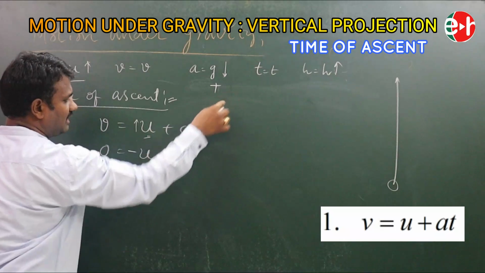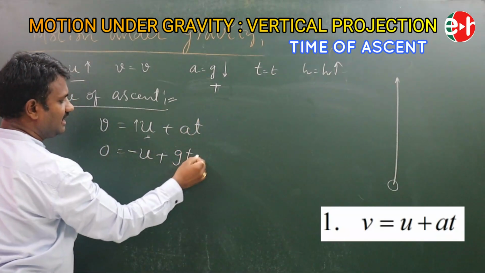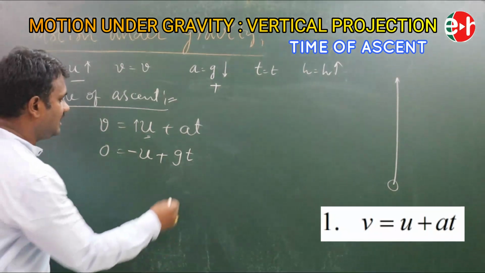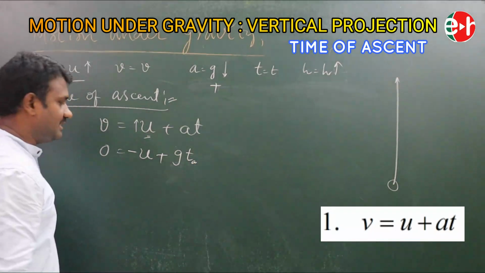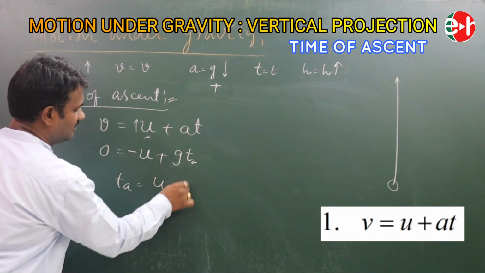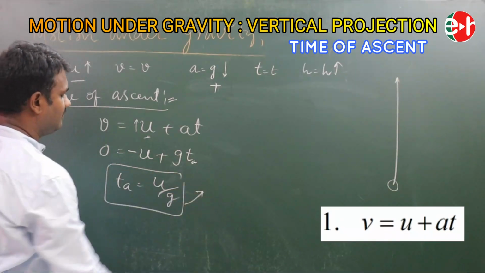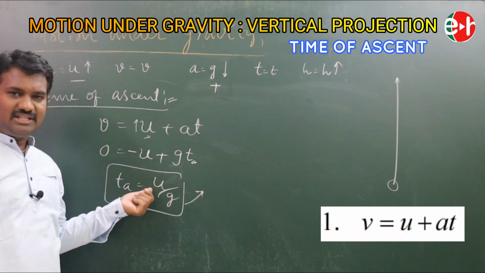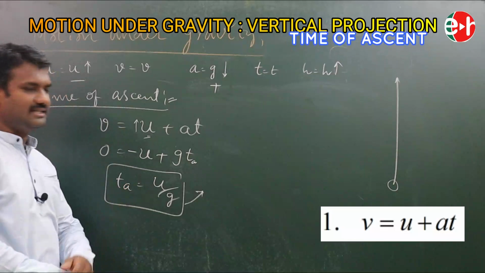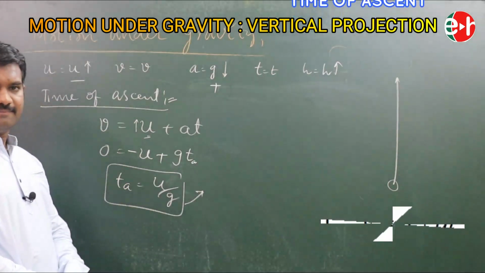G is acting in the downward direction, that's why take it as positive, into t. But instead of this t, I am going to write a special character, that is ta, where ta means time of ascent. So simplifying this, ta equal to how much? U by g. Means if you know the initial velocity with which you are throwing this object, you can find the time of ascent. Is it clear?